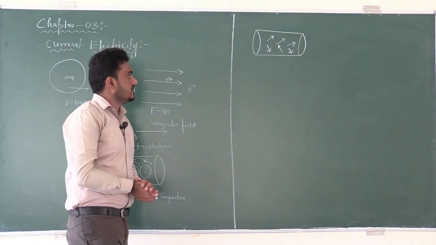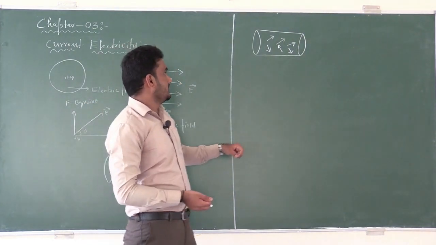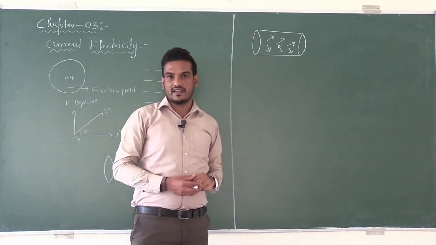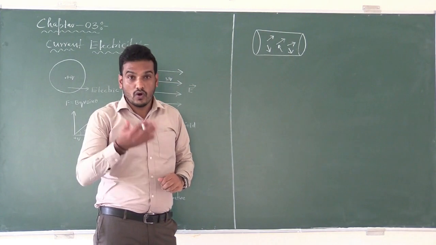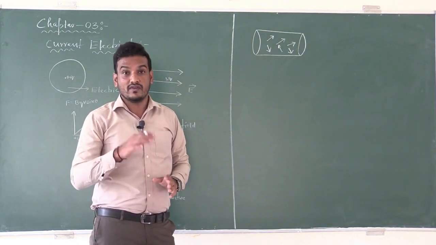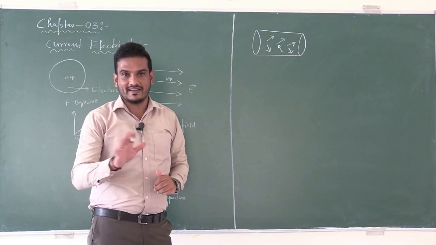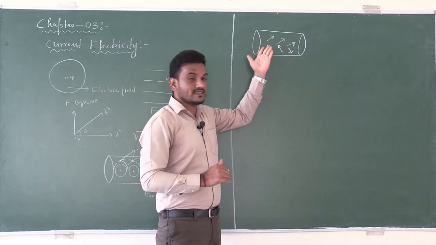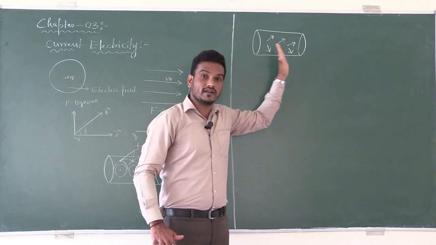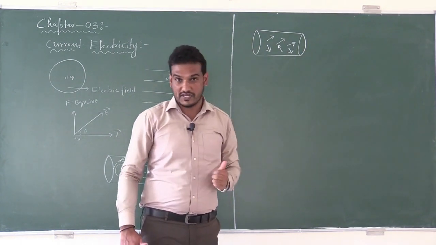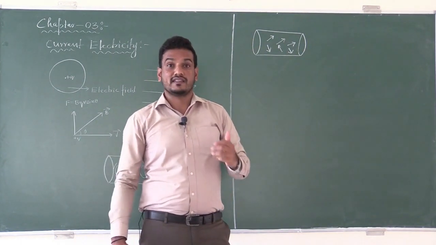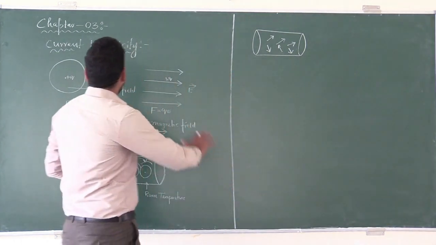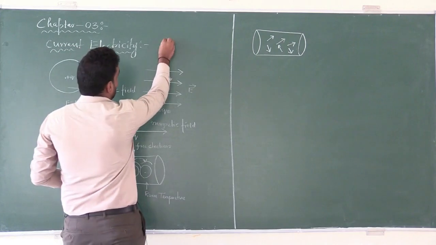Suppose we make these electrons move in a particular direction, what will we get? We will get electric current. If we set these electrons to move in a particular direction, they constitute current, or nothing but electric current. The meaning of current is nothing but flow.